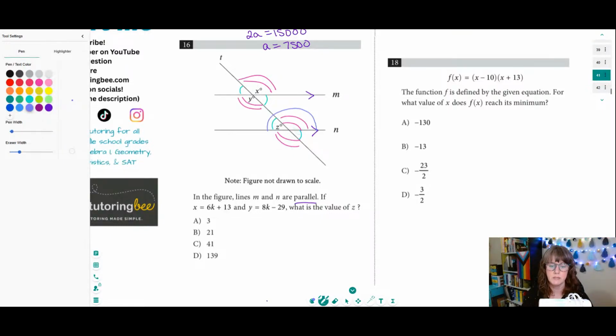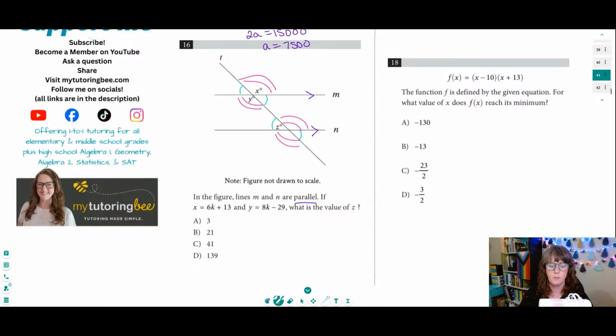So z plus this other angle is 180. This other angle plus this one is 180. So all of these, the ones that I have in pink, are supplementary to the ones that I have in the teal color. So that's going to help us. What we do need is to figure out what k equals so that we can figure out what each of these angles are.